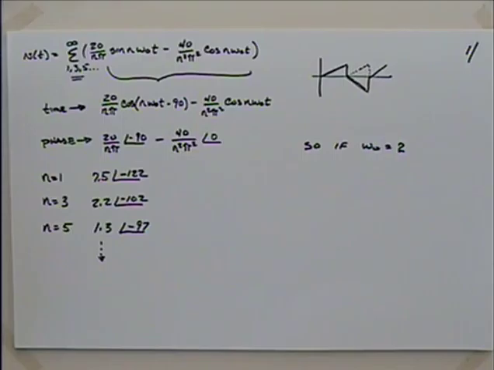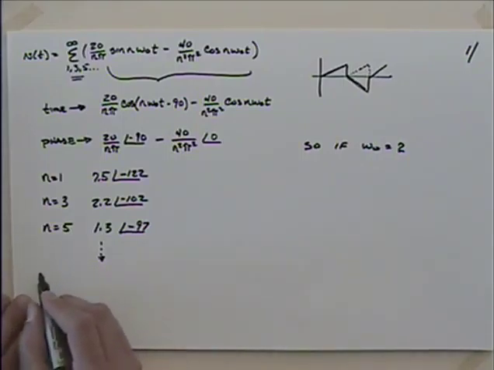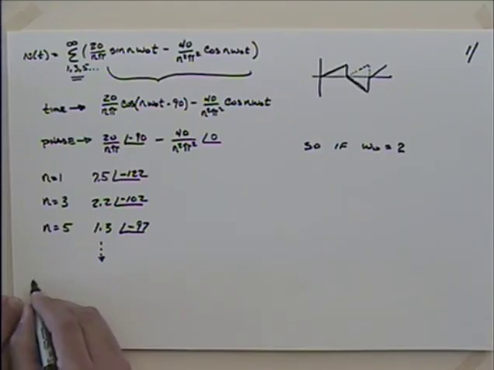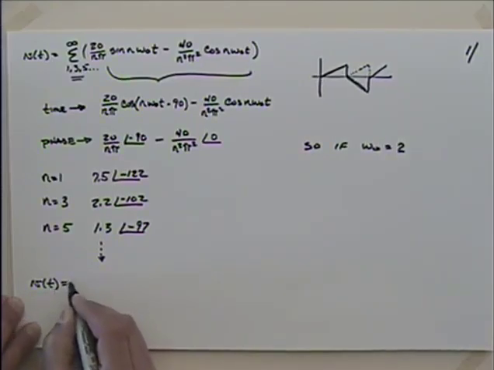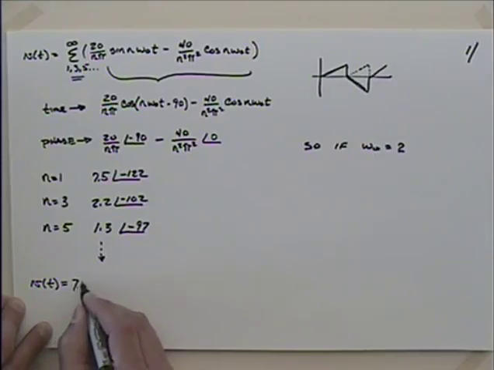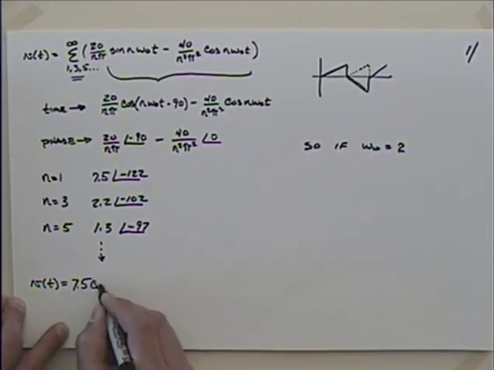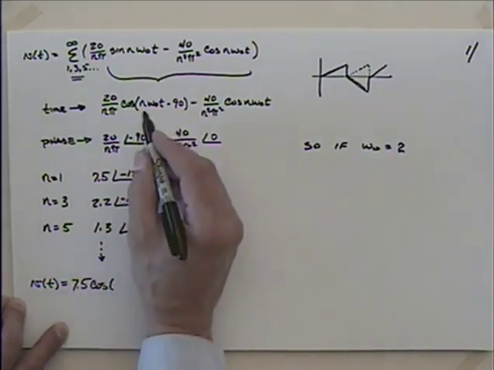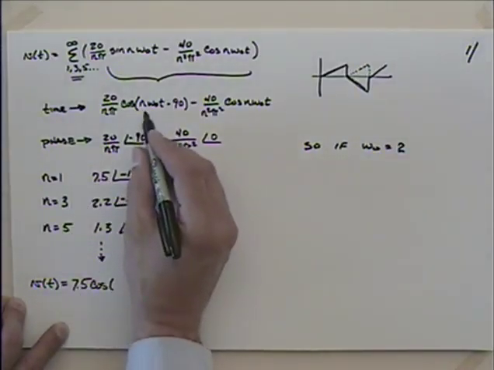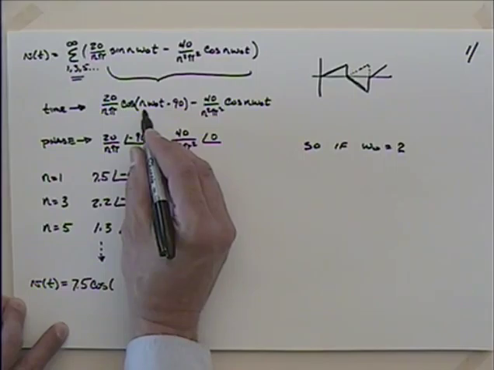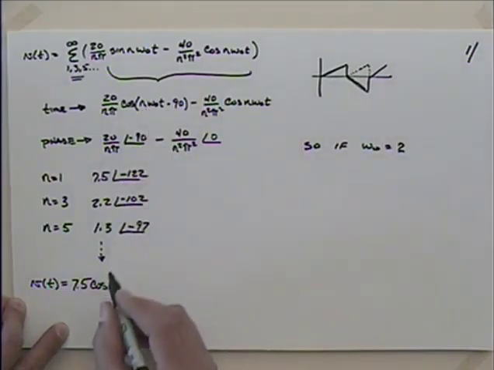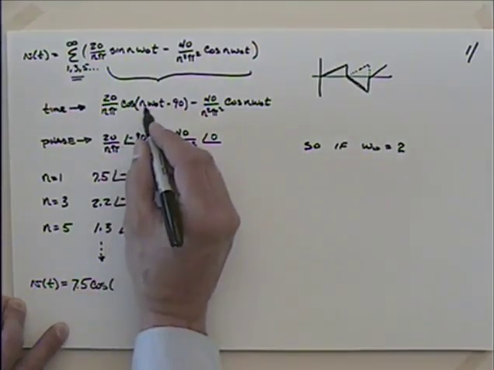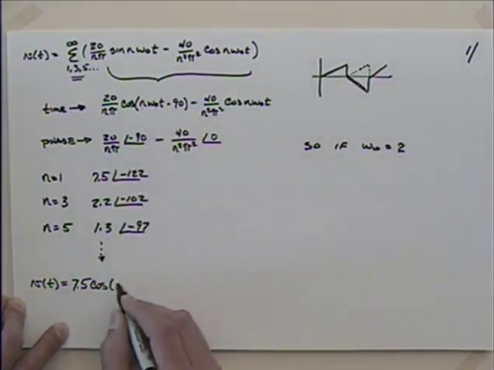And I wanted to continue to work with this. If I were to go back and put this into the time domain, we could see that the voltage in the time domain would be 7.5 times the cosine of what? We started out with n times, well, we would have 1, because this is going to be the first one, so it would be 1 times omega naught times t.